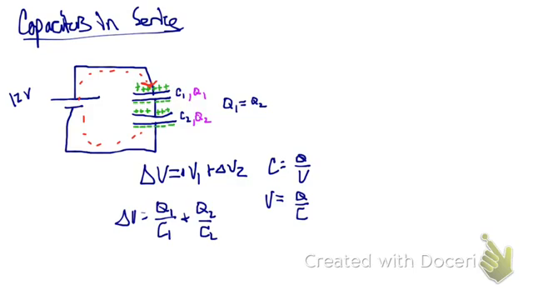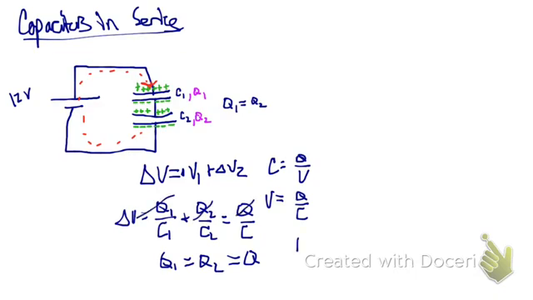But since we also know that Q1 equals Q2, and it also equals the total Q, and this whole thing equals the total Q over the total capacitance, then look what we get if we cancel all these Q's.